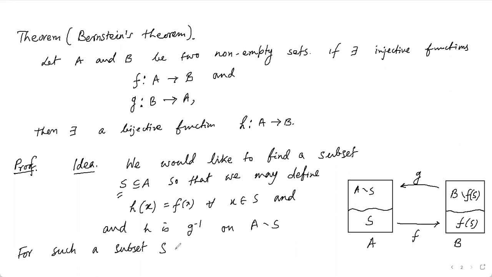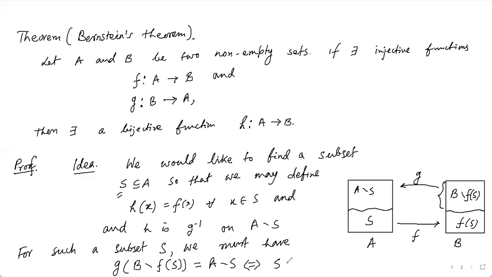For such a subset S, we must have G of B minus F of S. The image of this portion should be A minus S. So this is equal to A minus S.